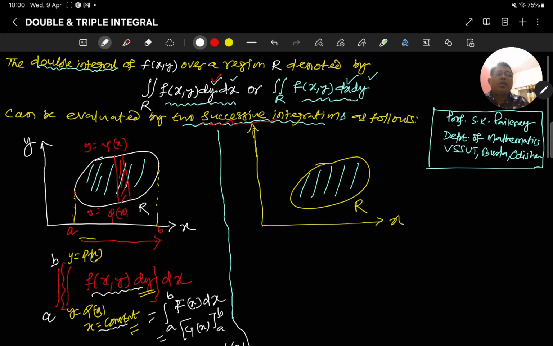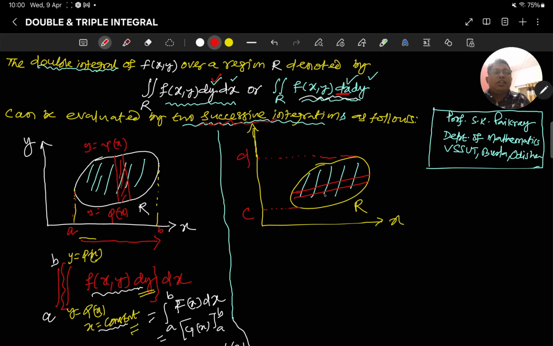Now if we think of the second type, dx first, then in that case we have to consider the horizontal strip, and this horizontal strip slides from the bottom limit, suppose this limit is my c, to the top limit, this top point, which is my d.